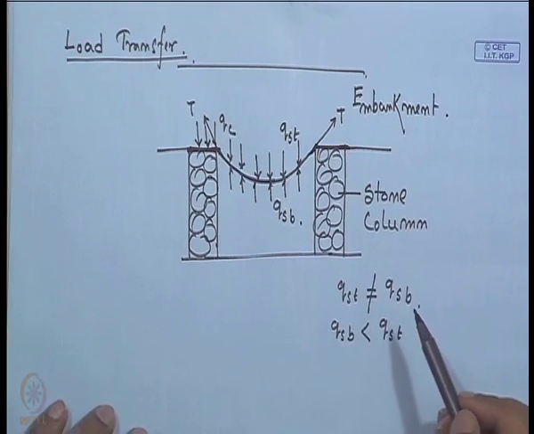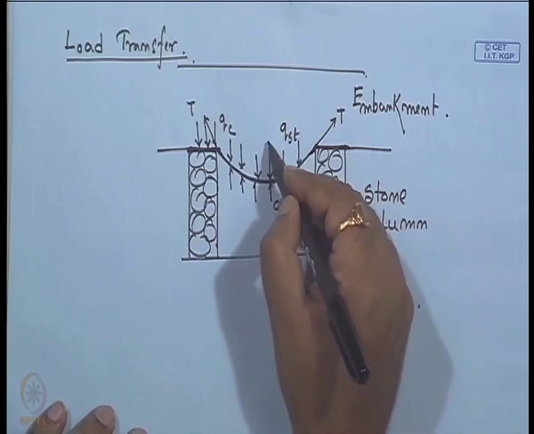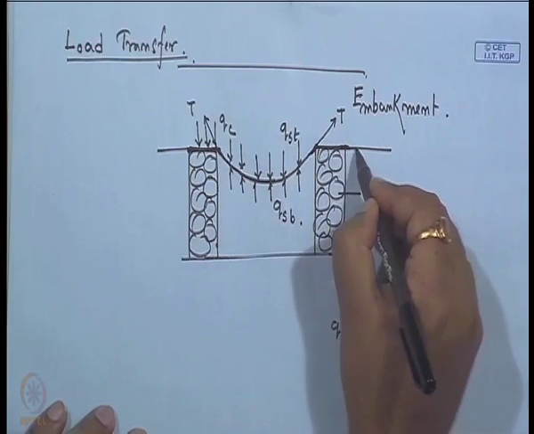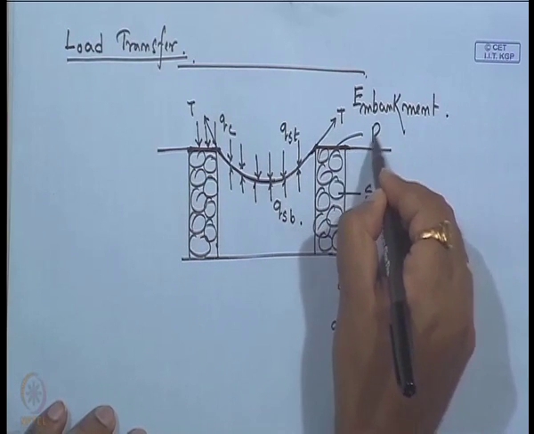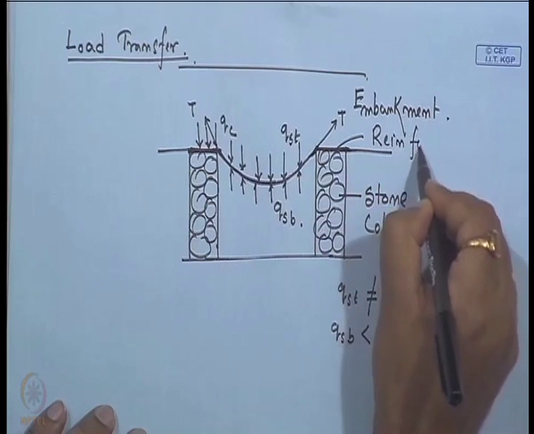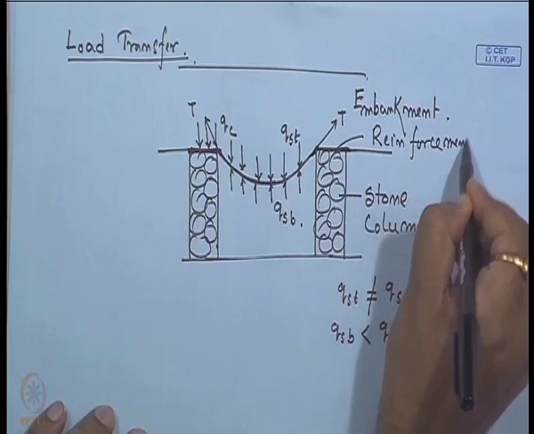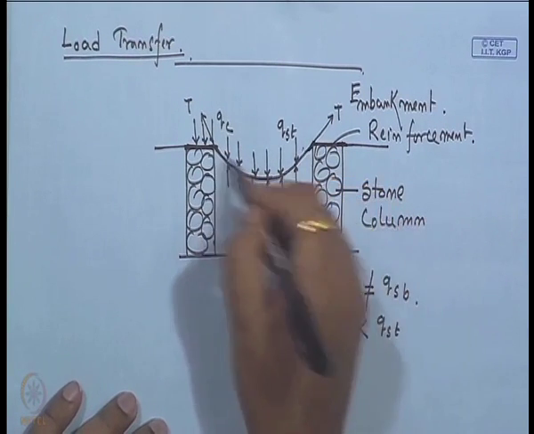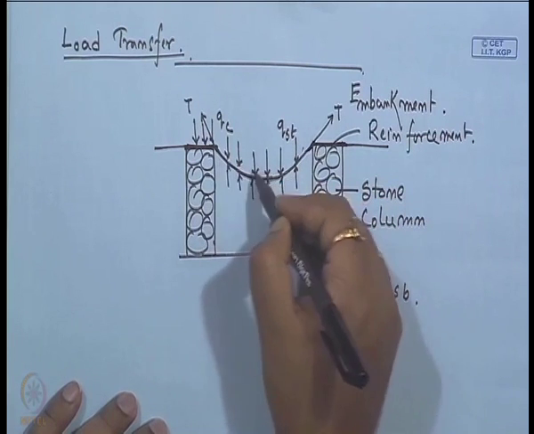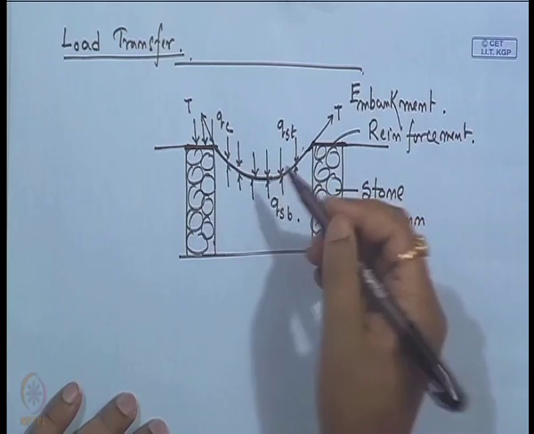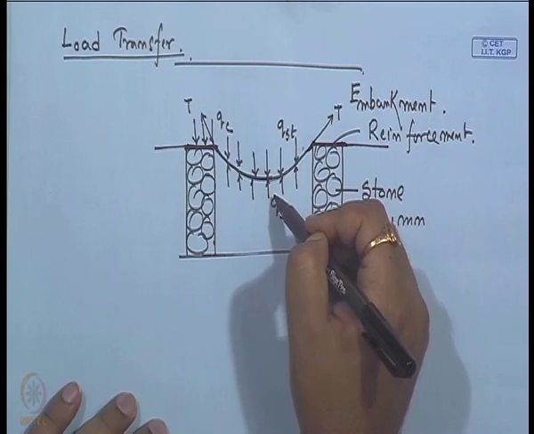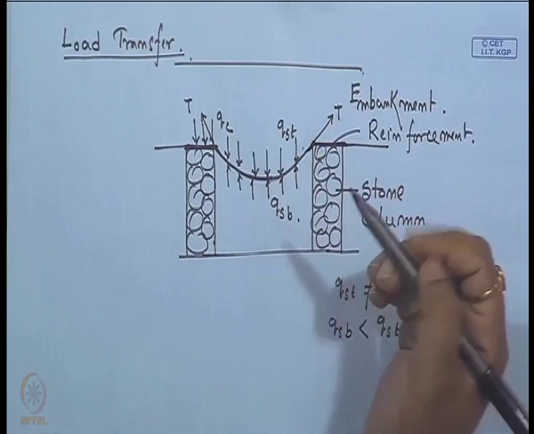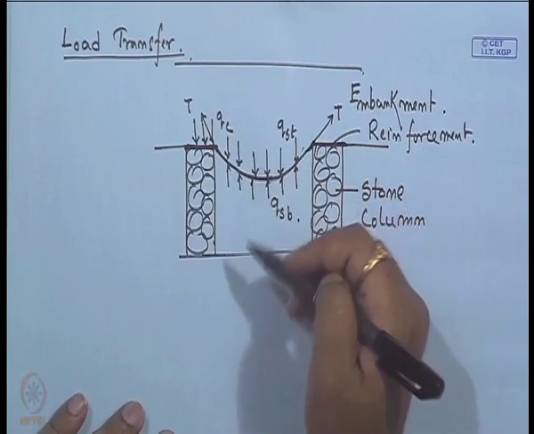That we have explained: once there is settlement of the reinforcement in this form, because of the shear between the reinforcement and soil, tension will develop within the reinforcement. I have explained that one is the string effect, another is the confinement effect.